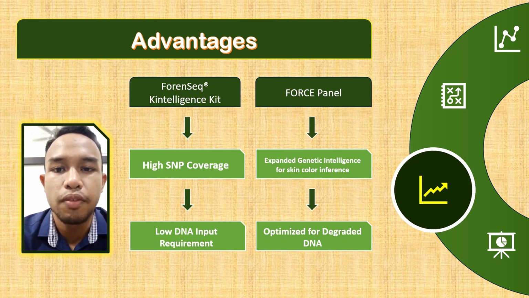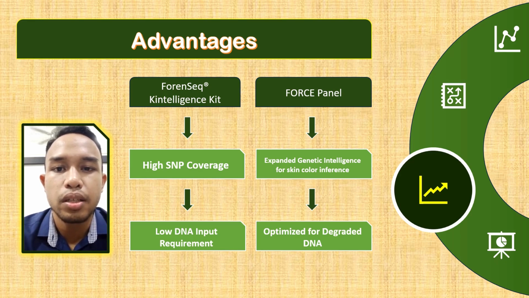Another significant advantage is its sensitivity. The kit performs reliably with DNA inputs as low as 0.12 nanograms, a crucial feature when working with limited or degraded biological evidence. The FORCE panel, while different in approach, brings its own strengths.